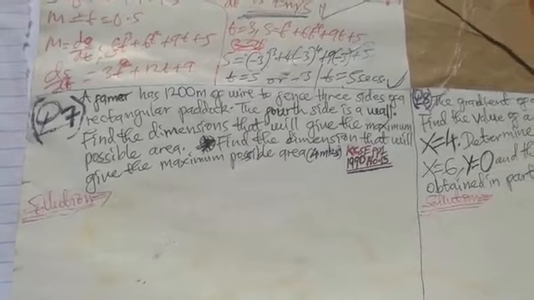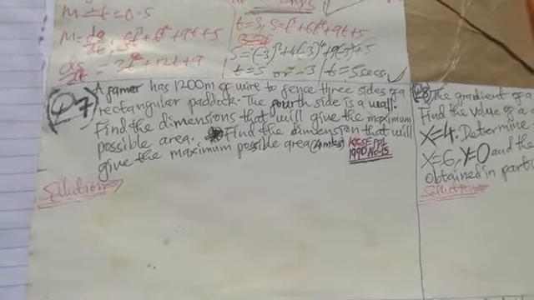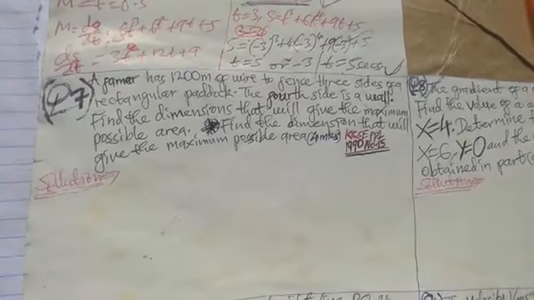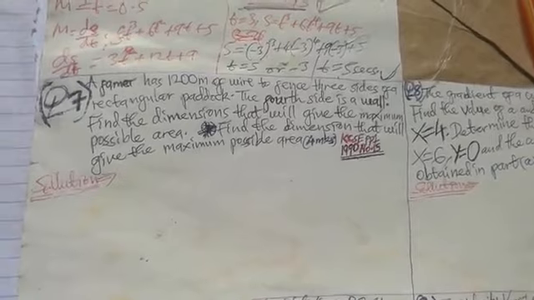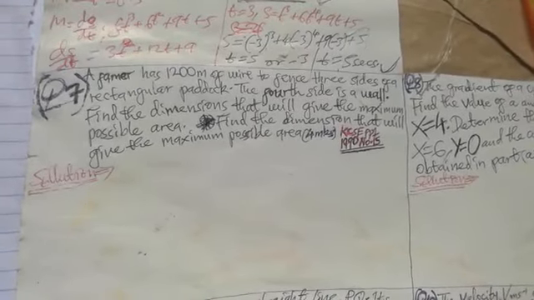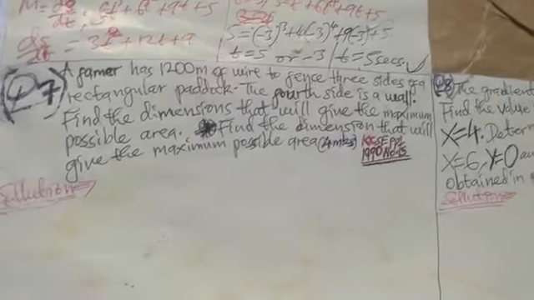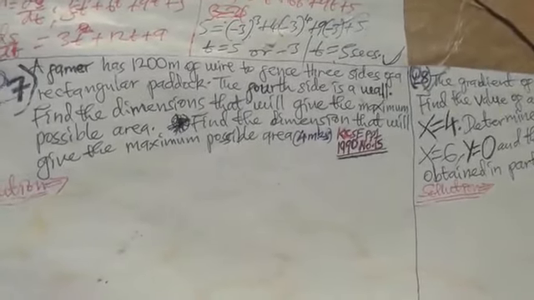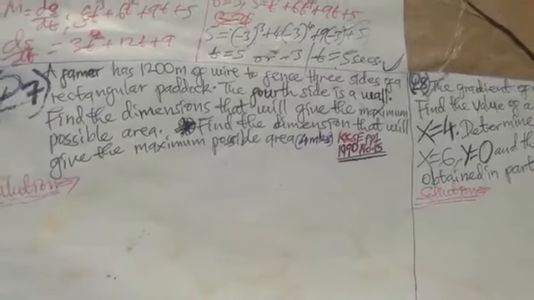The fourth side is a wall. Find the dimensions that will give the maximum possible area. This question was set in the KCSE paper 1, year 1990, number 15.